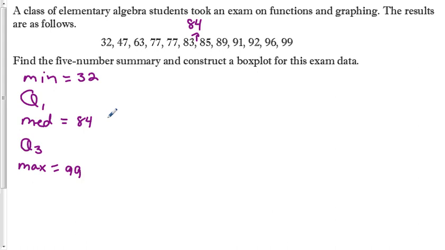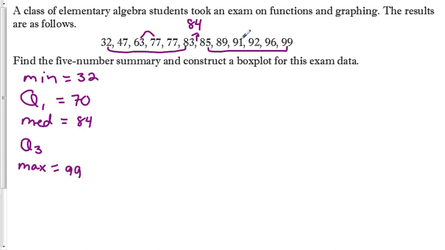Now, in order for us to calculate what our first and third quartiles are, we're going to calculate the median of the lower half of the data and then repeat that for the upper half of the data. The median of the lower half of the data, we have 6 pieces, so it's going to be between 63 and 77. 63 plus 77 divided by 2 is equal to 70.